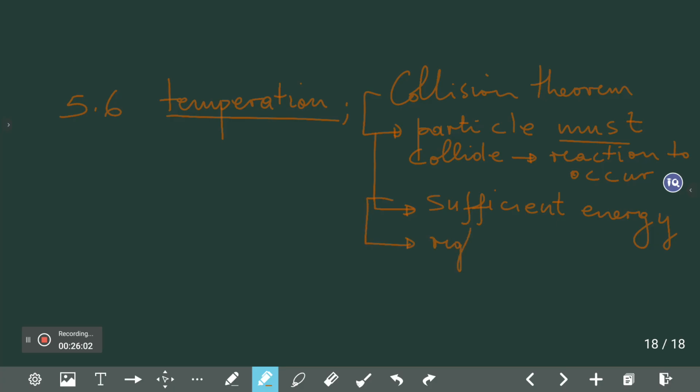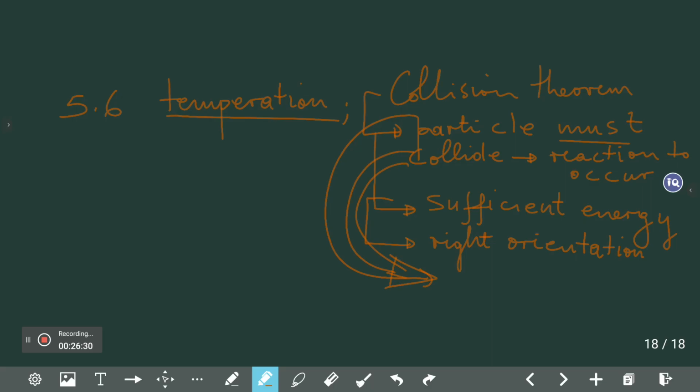If they all happen, then we call that an effective collision, and that is the one that will result in the formation of a product.